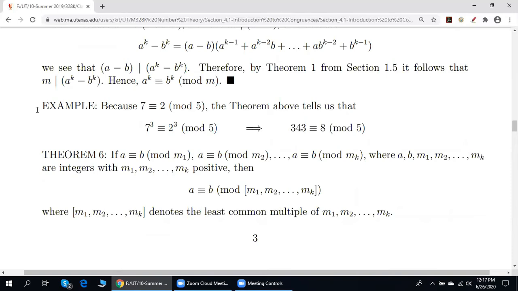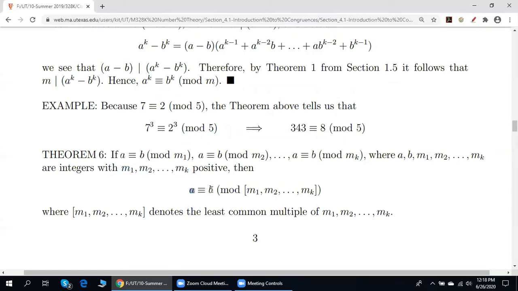Theorem 6. Let us consider the following k congruences. Each time we have the same numbers A and B. A is congruent to B modulo M1, modulo M2, and so on modulo Mk, where these numbers are integers, and M1 and so on Mk are positive integers.